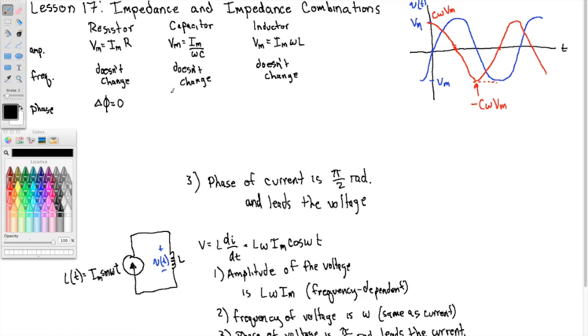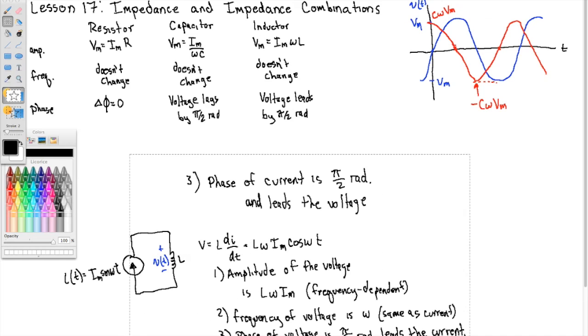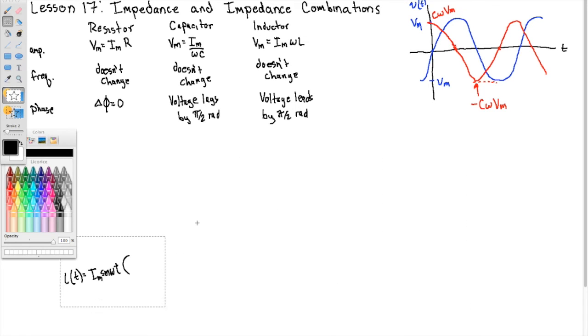Here, because we're working with V equals IR, we'll consider the voltage. For the capacitor, the voltage lags by pi over 2 radians. And for the inductor, the voltage leads by pi over 2 radians. Okay, all 3 of these are very important for our circuit analysis to come.